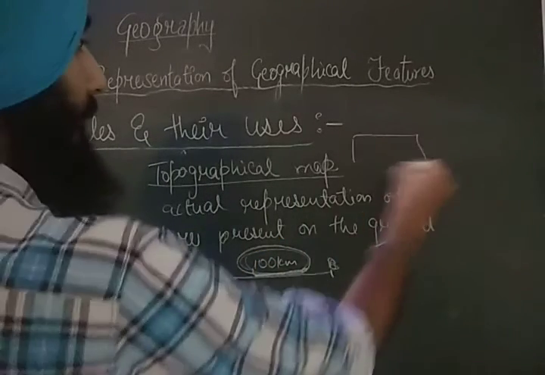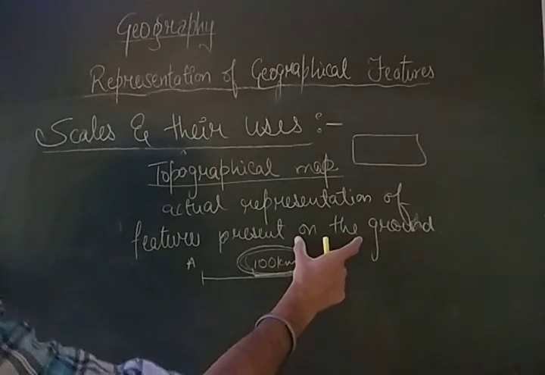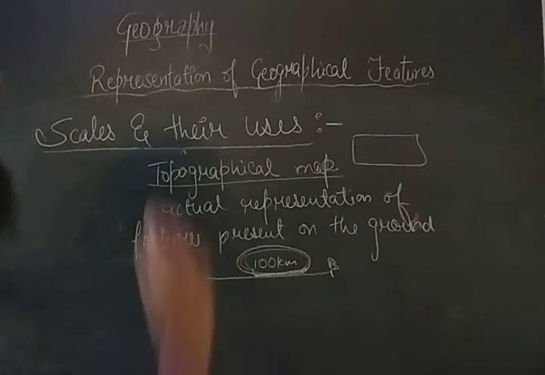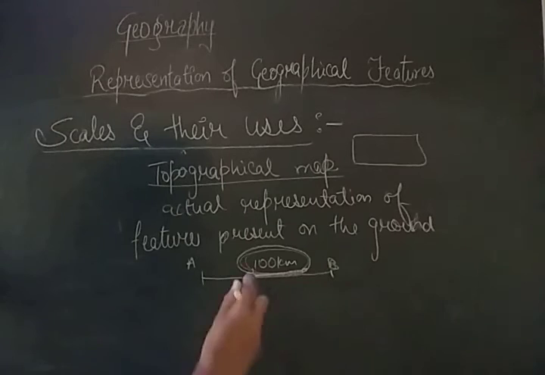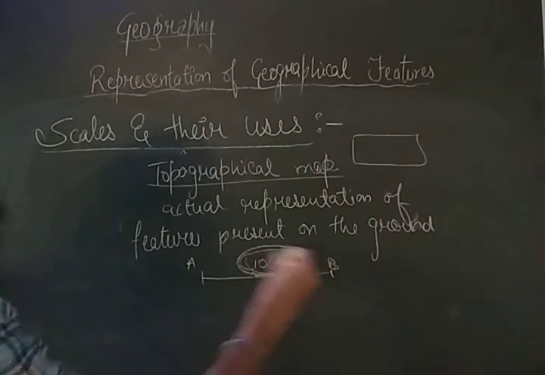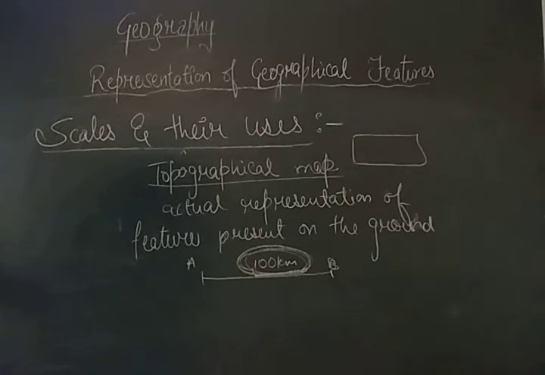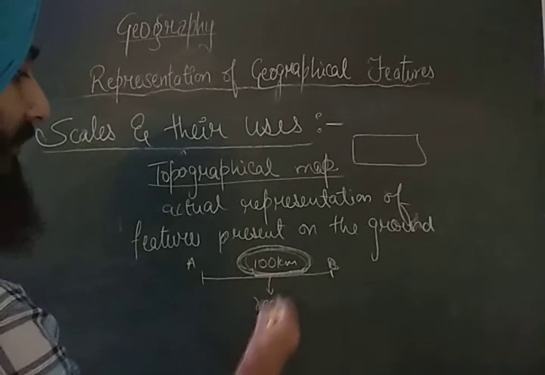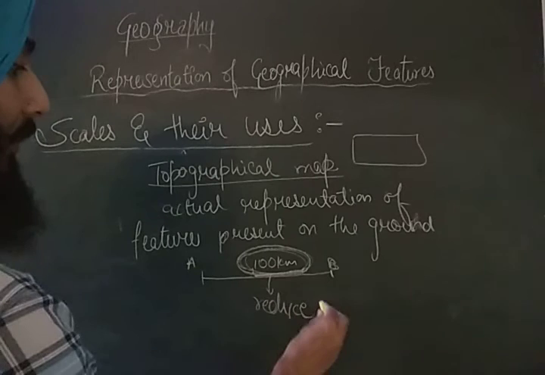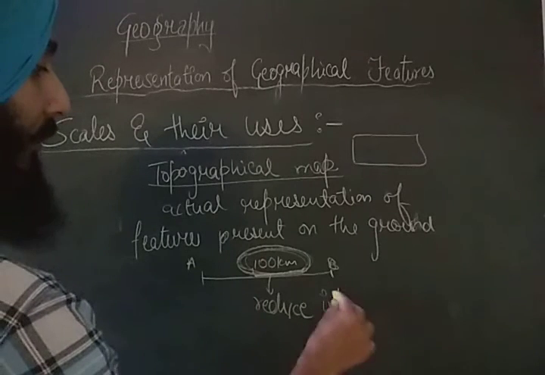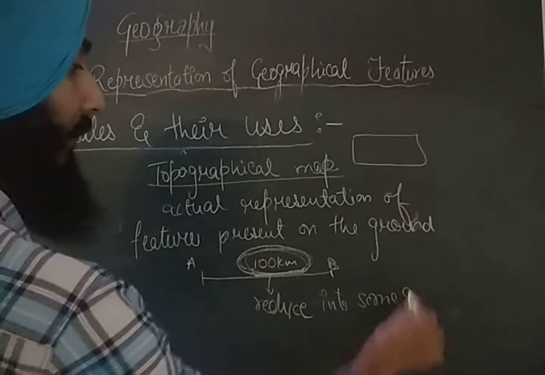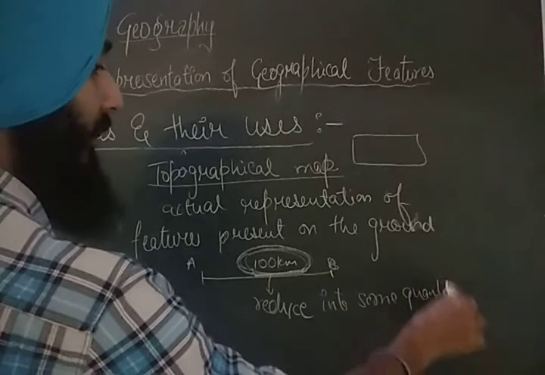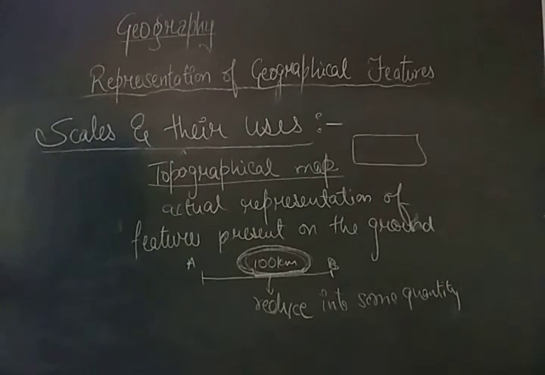We have this sheet. This is the actual distance and we need to represent it on the map, but the actual distance cannot be measured in the same units. We have to reduce this distance into some quantity so that we can represent it on our sheet. To reduce it, we require a scale.